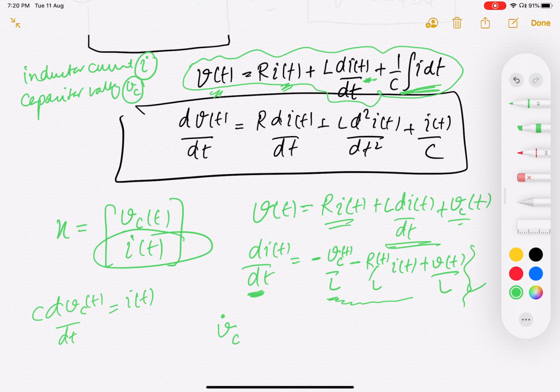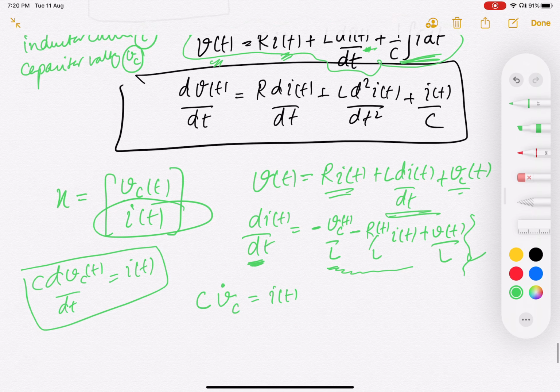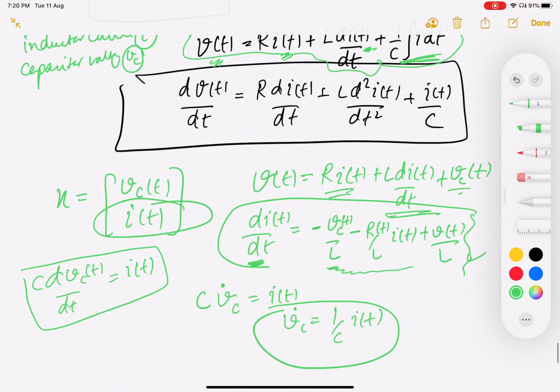I is equal to C dV by dt. The capacitor current is given by this equation. So that means if I can write C Vc dot is equal to i(t), I can write Vc dot is equal to 1 by C i(t). So this is the other state equation that I was looking for.